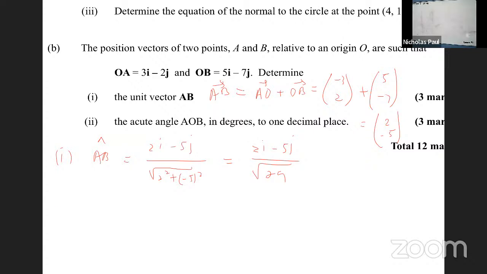Second part, they want the angle. So that's the same formula, cosine theta is equal to the dot product. You found the dot product as yet? Nope.